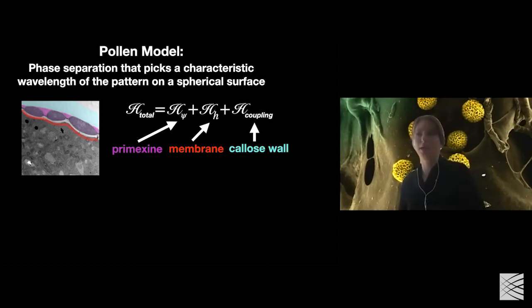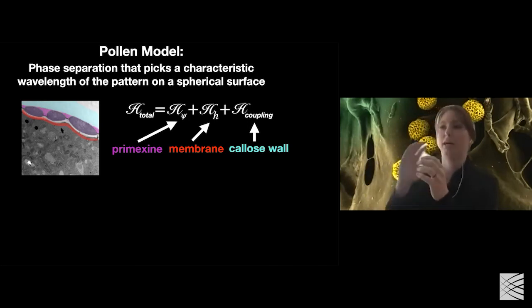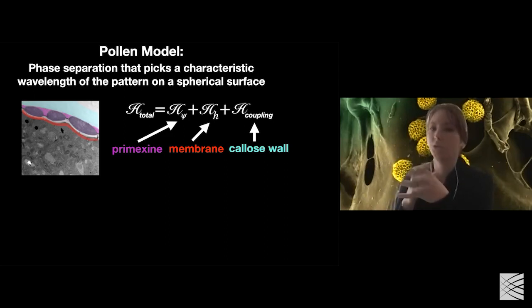So what I mean by that is if you imagine that you can somehow have a sphere in which you smear an oil and water mixture on the surface and it's mixed, you would assume, and mathematically this is also what you would get, that you would eventually get the full phase separation and you would have one hemisphere full of oil and the other hemisphere full of water. You wouldn't just purely with this system get patterns like you do for pollen.